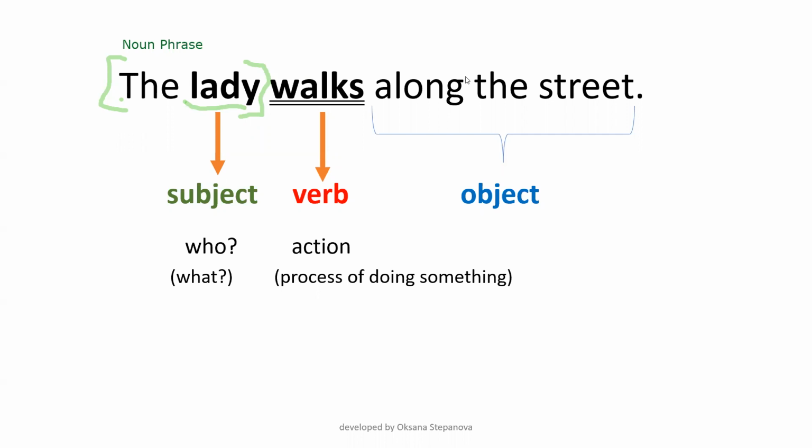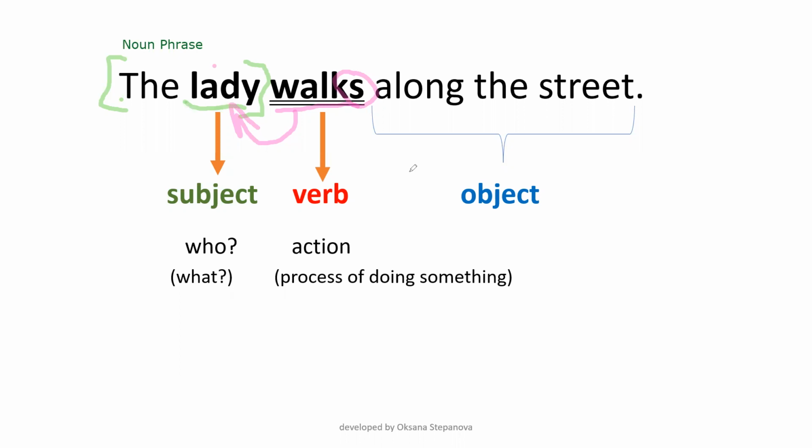Then let's look at the verb. Simple verb here, walks, with S as the agreement with the lady in present simple, third person singular. The verb agrees with the number and tense of the subject. Remember about verb agreement all the time in the English language.